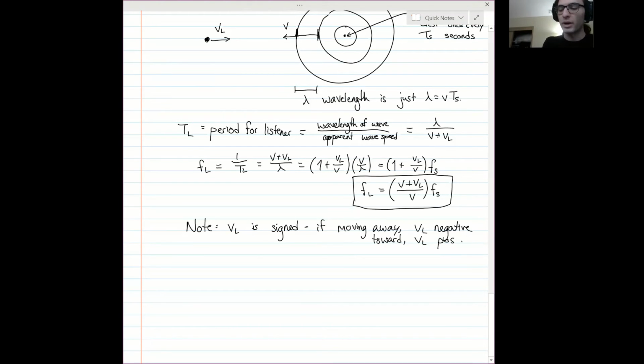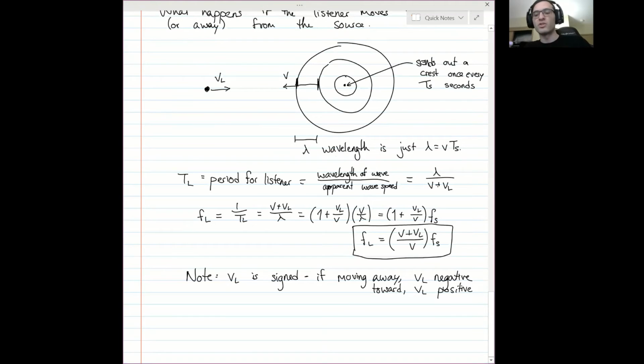And that kind of makes sense, right? The apparent wave speed should be smaller than the standard wave speed if the listener is moving away, and similarly, it should be higher if the listener is moving towards.